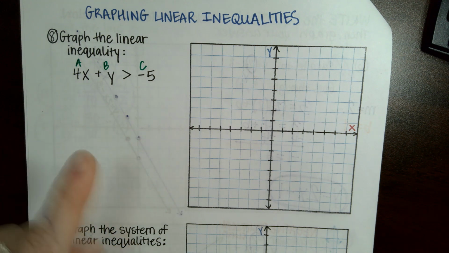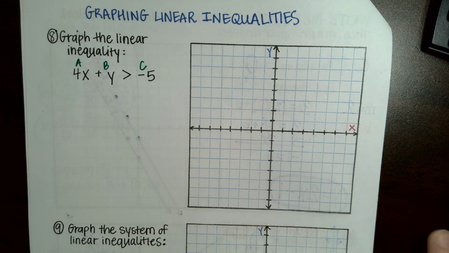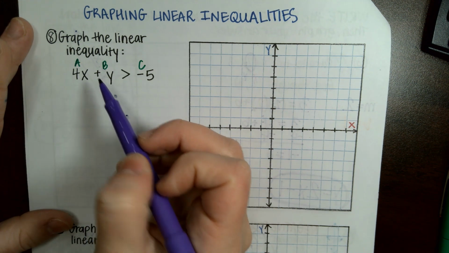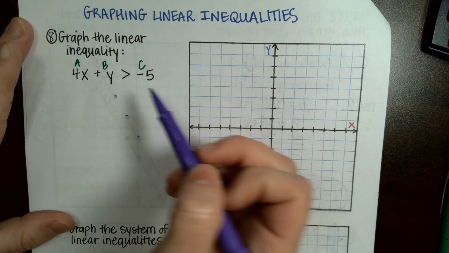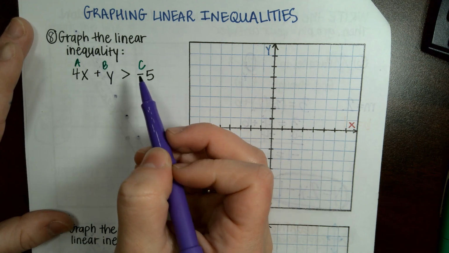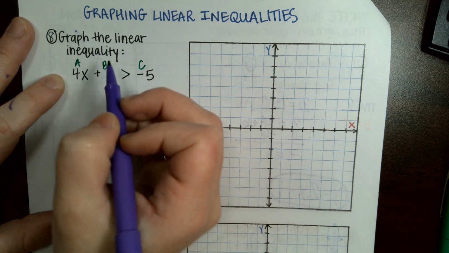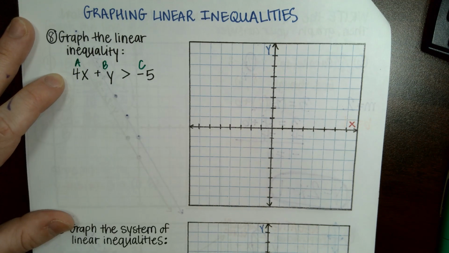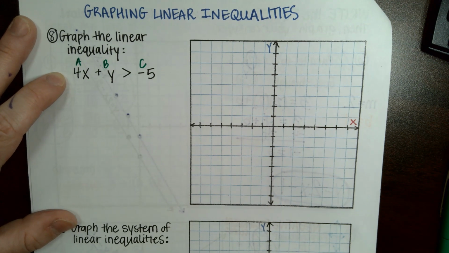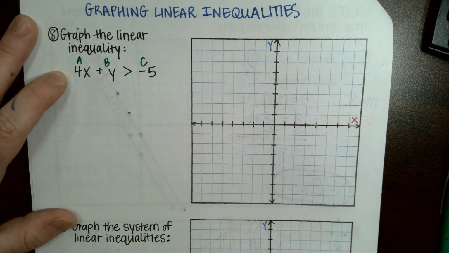But I feel like this might be a case where rearranging the equation might be easier, and let me show you why. So watch what I do here. I've got 4x plus y, and I'm just going to say equals while we're doing this. 4x plus y is negative 5. Remember, y equals mx plus b is just a y by itself and then a number with an x plus another number.